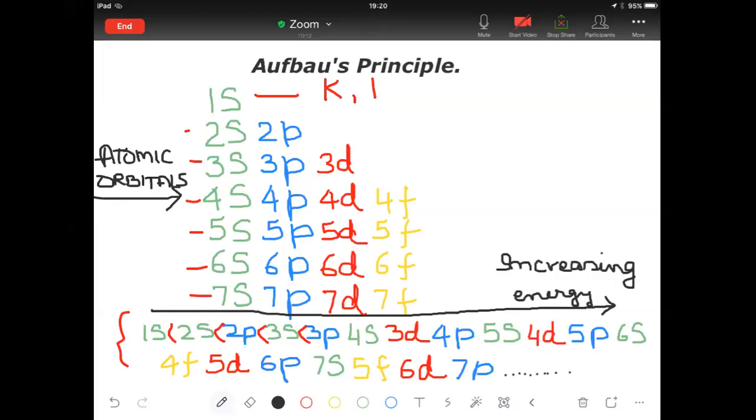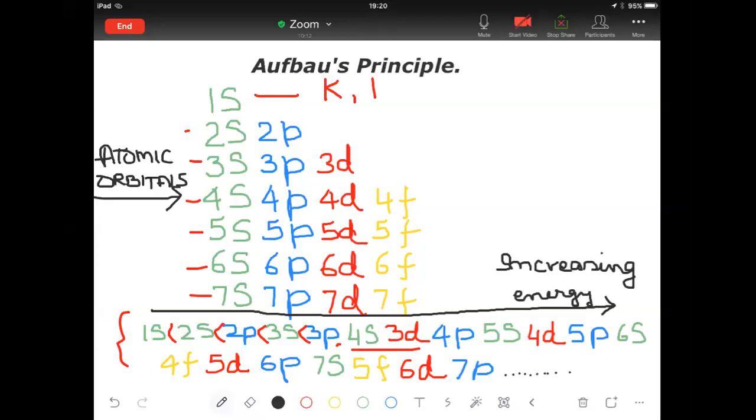Up to 3p is not an issue, but when you come to 4s and 3d, you see the 4s is coming before 3d. How we arrive at this, let's go to that slide first and I'll show you. We also have to do the n plus l rule along with this. I think that slide is not here. Let me see where that slide is.